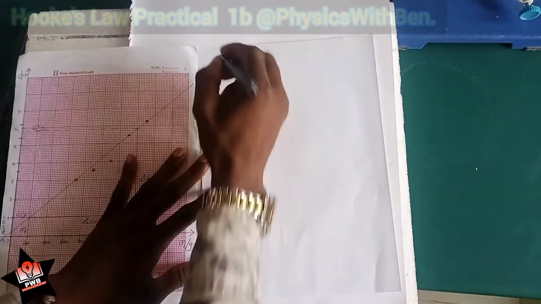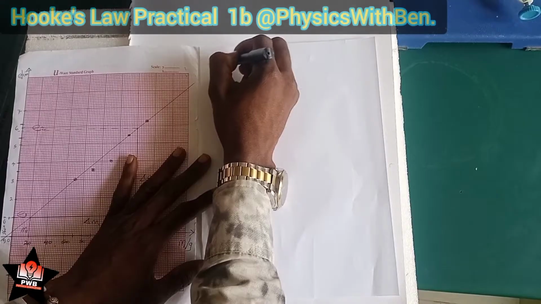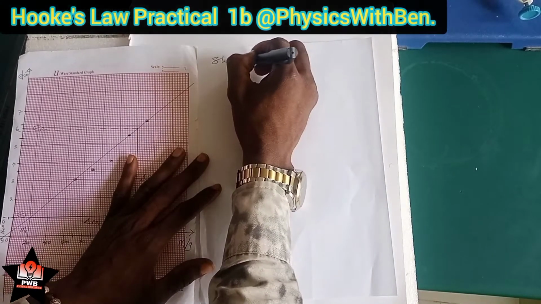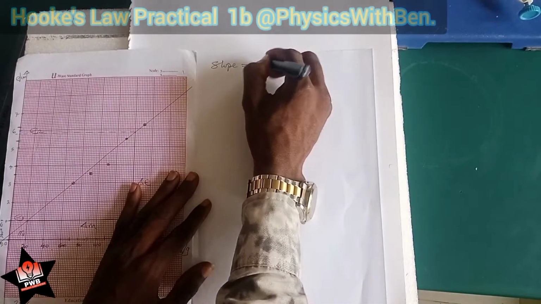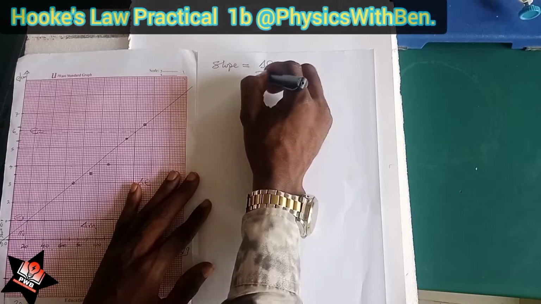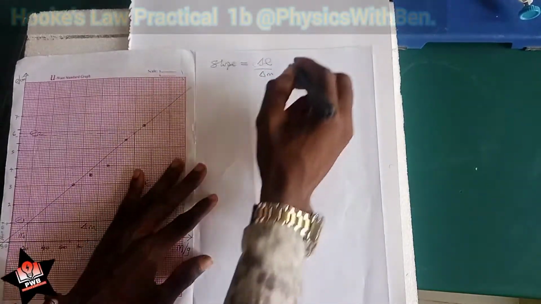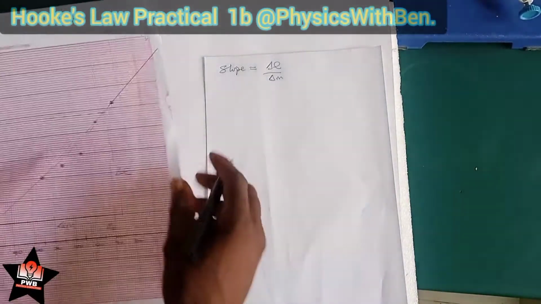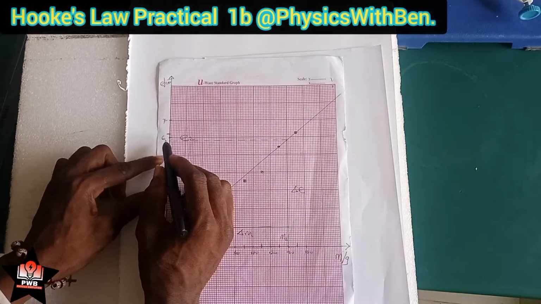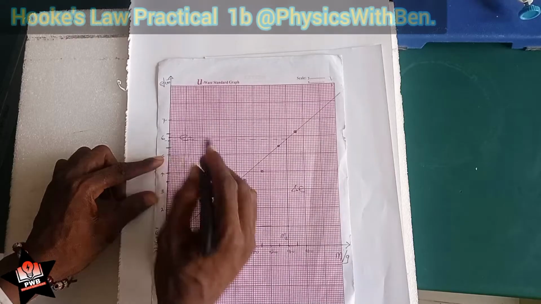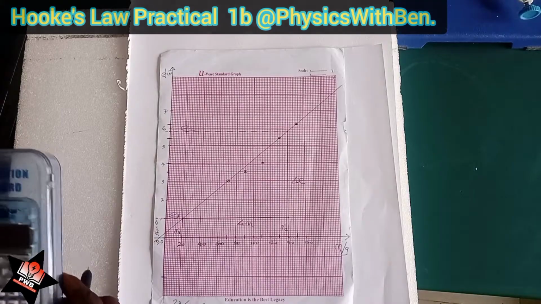And so the slope or the gradient of the graph becomes change in E over change in mass. So my E2 is at this point. How do we get up to that point?